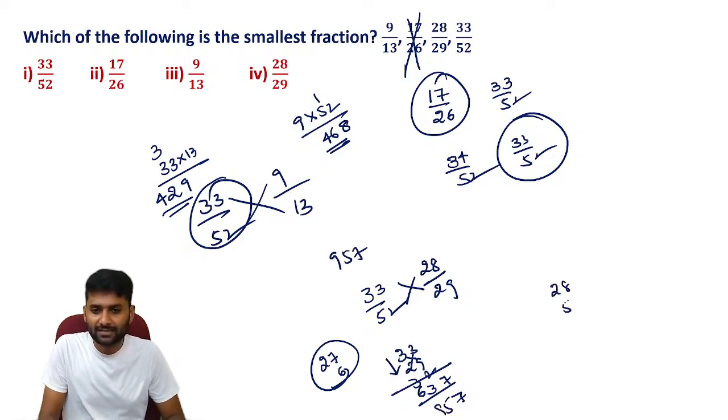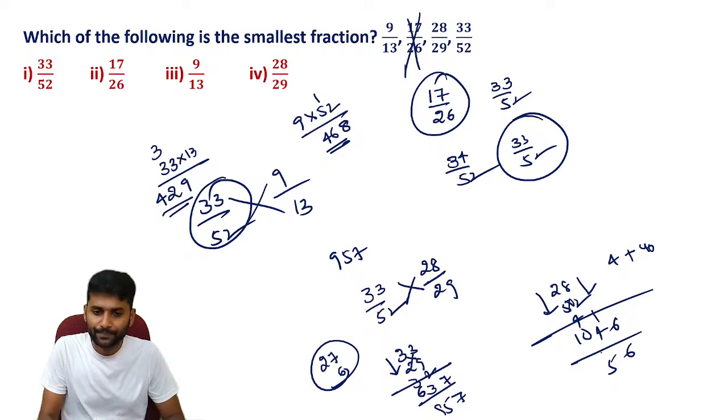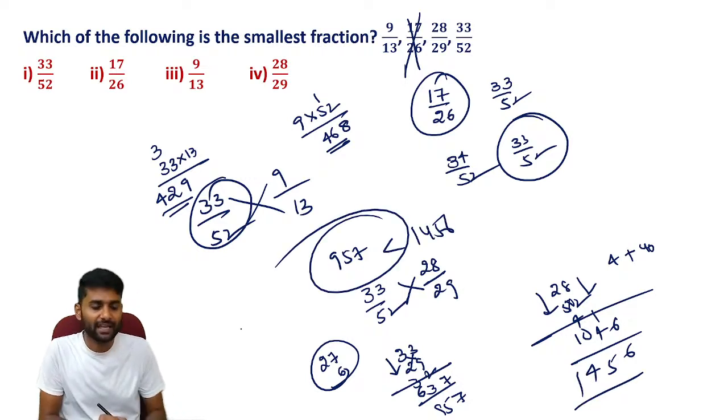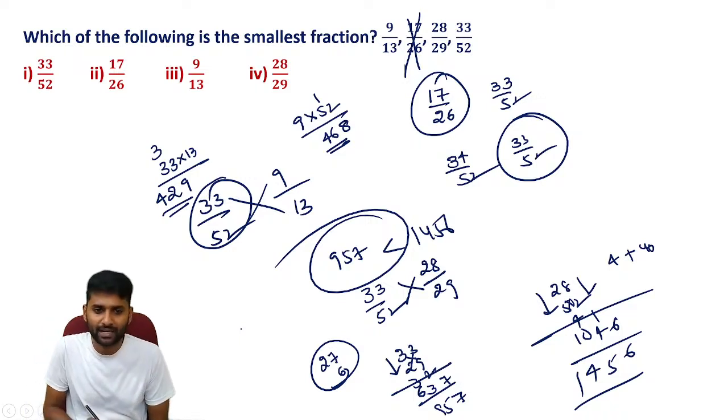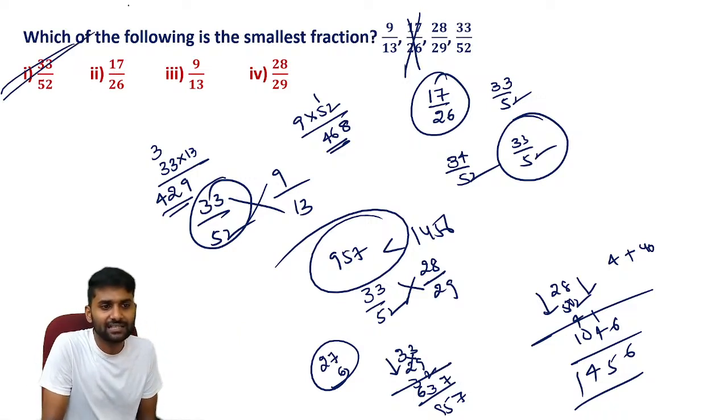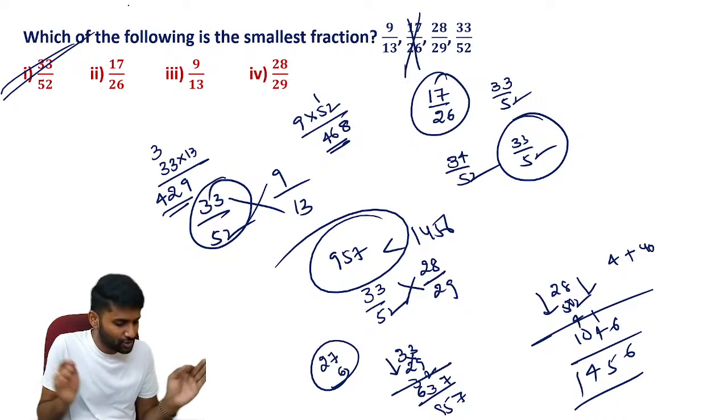Now 28 is multiplied with 52. 5 into 2 is 10. 2 twos are 4, 8 fives are 40. 44, 4 carry over. 8 twos are 16, 1 carry over. 1456. So definitely 957 is less than 1456. It means 33 by 52 is the smallest among all the fractions.